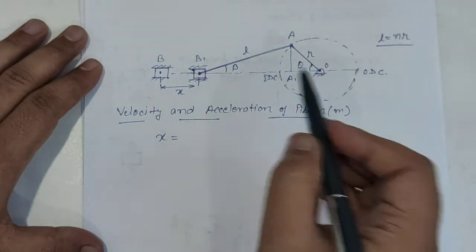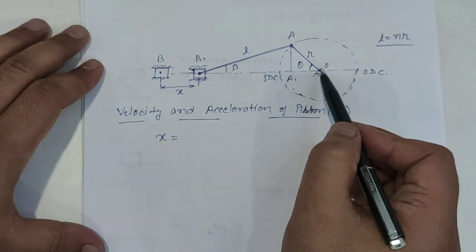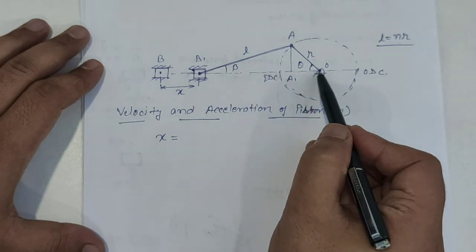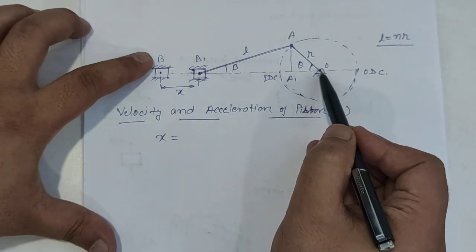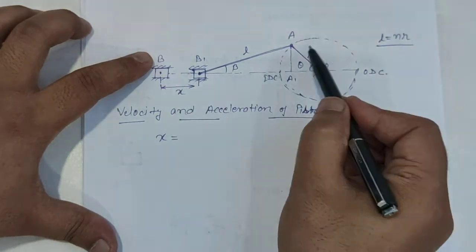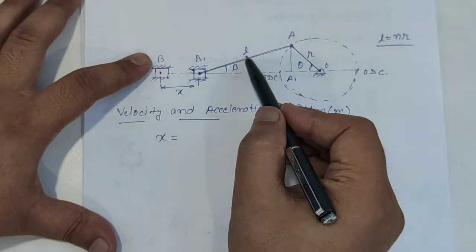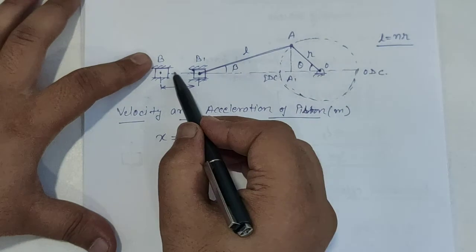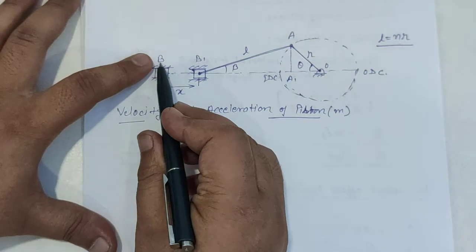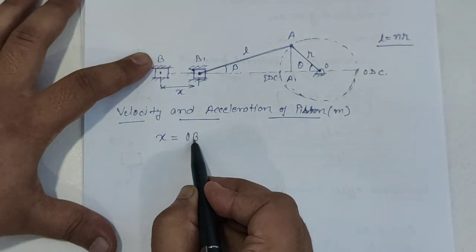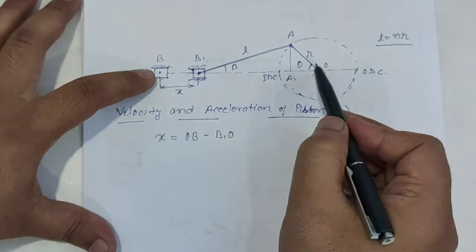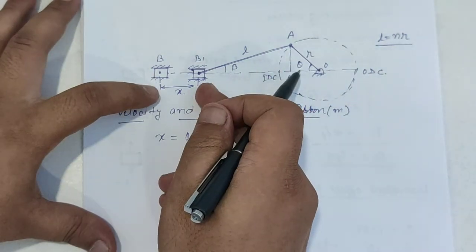When theta is equal to 0, the total distance OB will be R plus L, because the connecting rod and crank are in the same line. So x will be equal to OB minus B1O, from here to here minus here to here. This is the distance x.